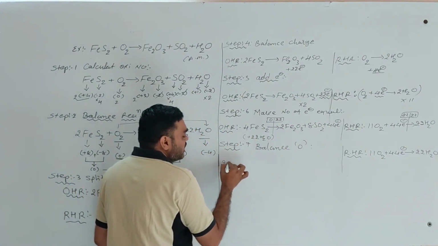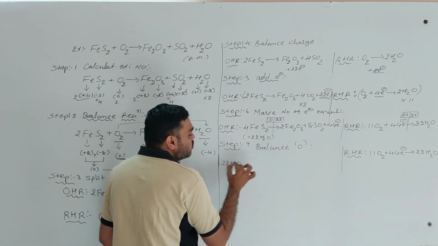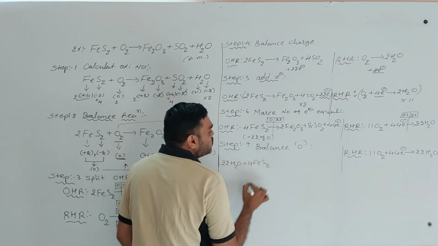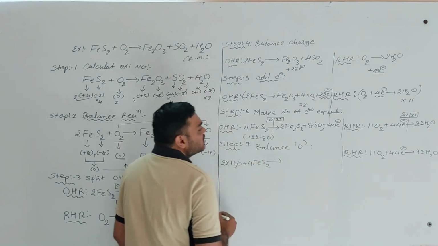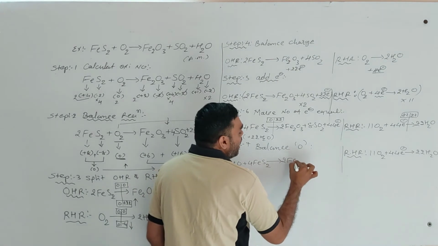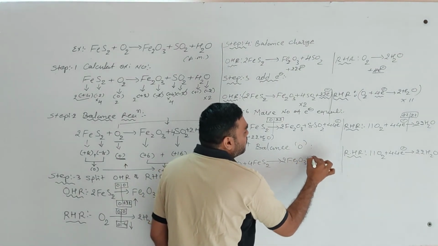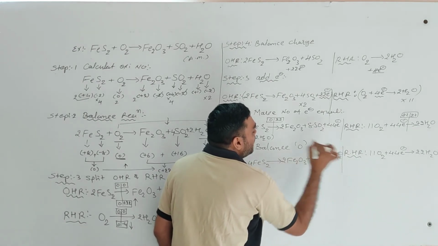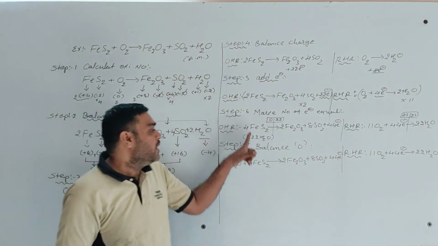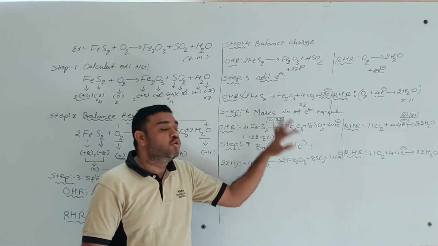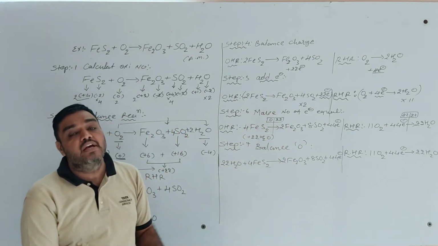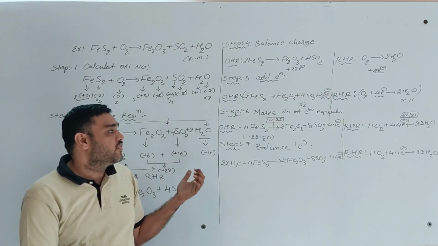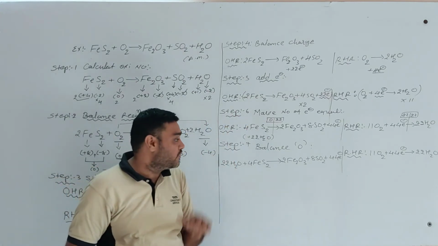So I will write 22 H2O plus 4 FeS2 gives 2 Fe2O3 plus 8 SO2 plus 44 electrons. So in this step, I balance oxygen in both half reactions, on the reactant side as well as the product side, in the oxidation half reaction as well as the reduction half reaction.